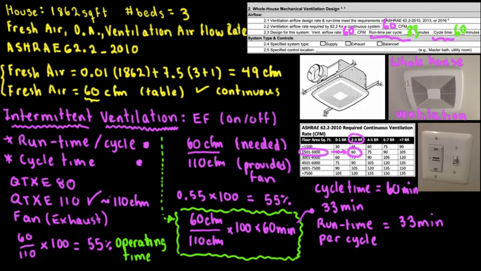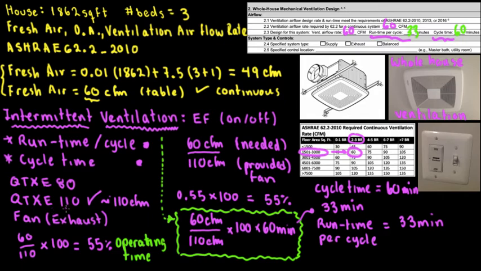But we don't want this fan to be working 24/7 because that's going to imply more energy consumption. So that's why they comply with intermittent ventilation, for which we chose this fan 110, which gives me a runtime per cycle of 33. But if you try with 80 CFM, that's actually going to give you more run time, which is going to be 45 minutes every hour. So it's running more. It's better to have a bigger fan in this case.